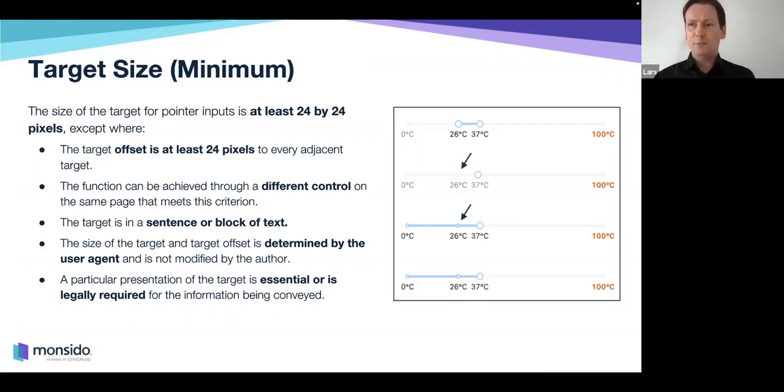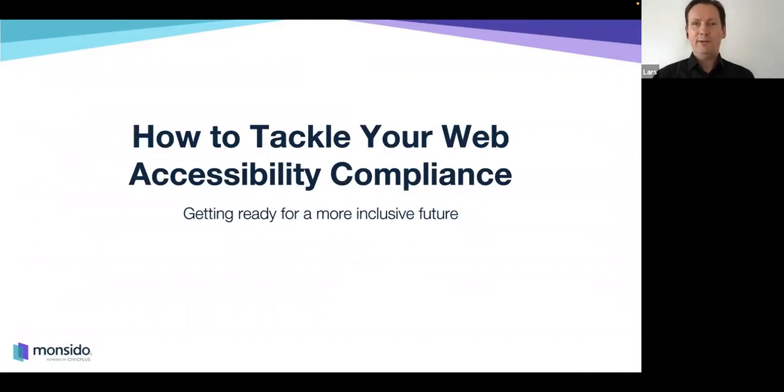This was the last one of the success criteria that I wanted to talk about here. I should mention we have 9 new success criteria. I only went through 7 of them now, and that's really just because we talked about the levels of success criteria. 2 of them are in a minimum version, which are the ones we saw now, and then they are in a more strict version on level AAA.